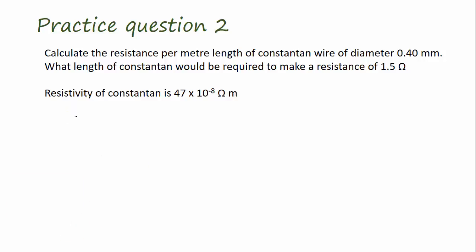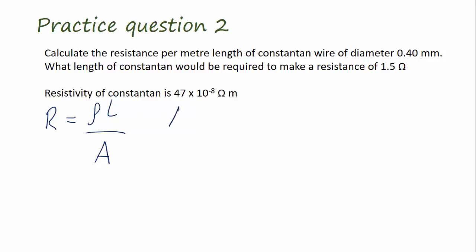So, calculate the resistance per metre length. To begin with, we're going to say that R is equal to rho L over A, and the length is going to be 1 metre, but we don't know the area, but we do know the diameter.